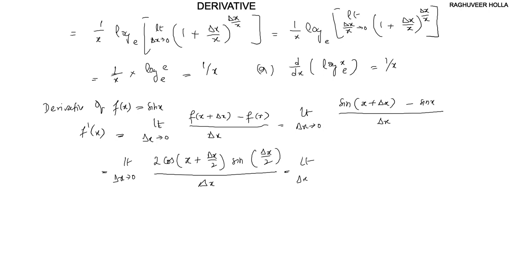So divided by delta x. Okay. This is equal to limit delta x tends to 0. Now this would be cos of x plus delta x by 2, right? And this is sine delta x by 2 divided by delta x by 2.